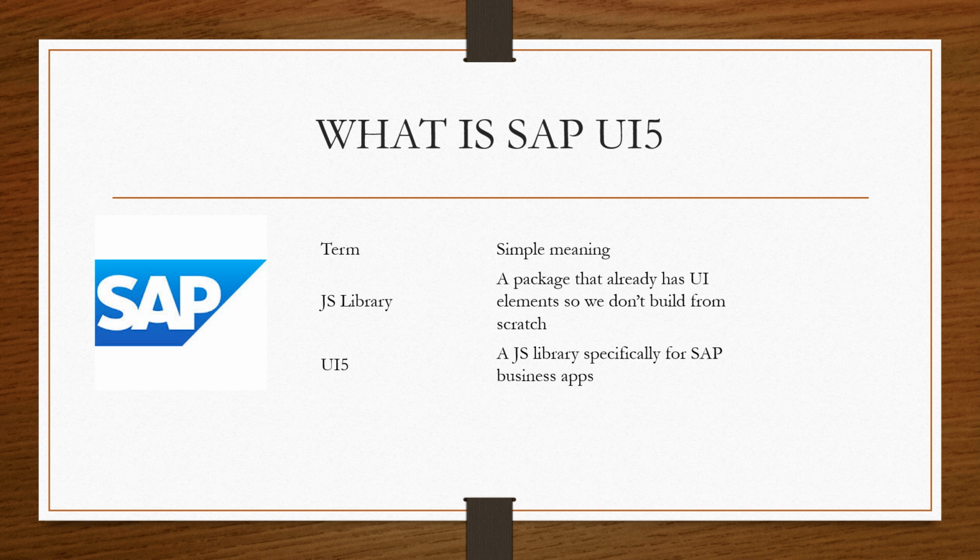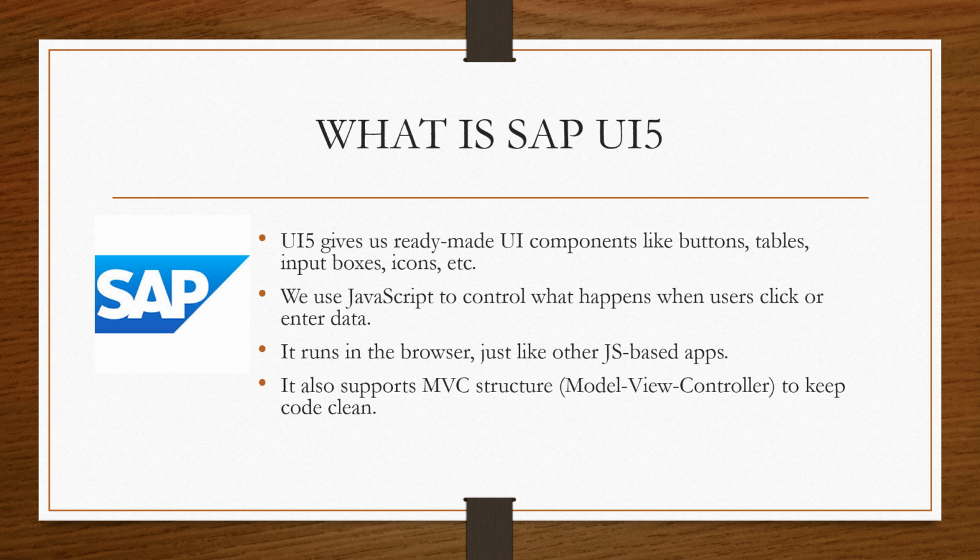Now it is understood what SAP UI5 gives. It gives us ready-made UI components like buttons, tables, input boxes, icons, drop downs, lists, custom lists, then tags, message strips, very small elements from 0 to 100. We can get all the elements.